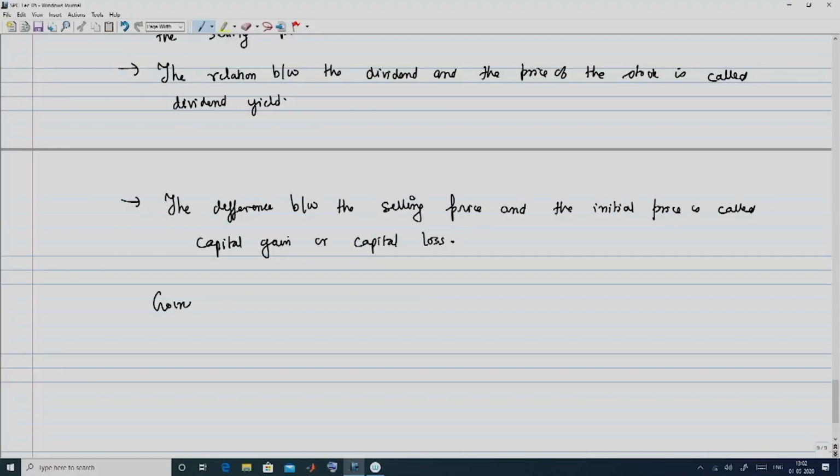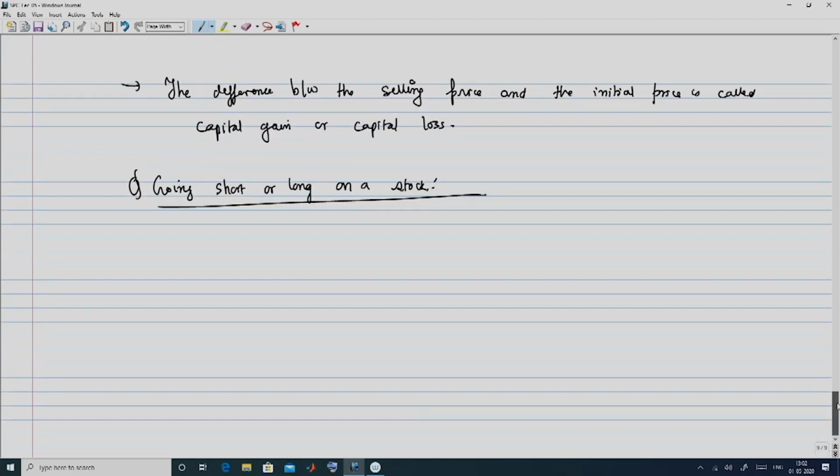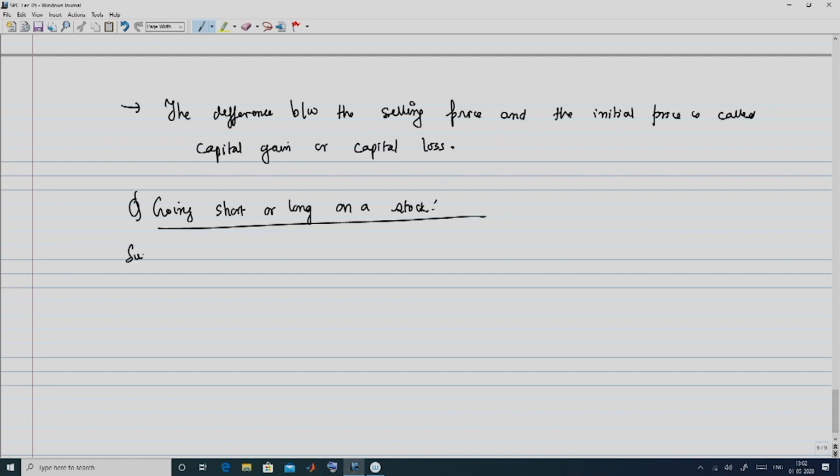So, let me start the last topic, which is going short or long on a stock. So, I begin with a motivation for why this concept of short selling exists in the first place.